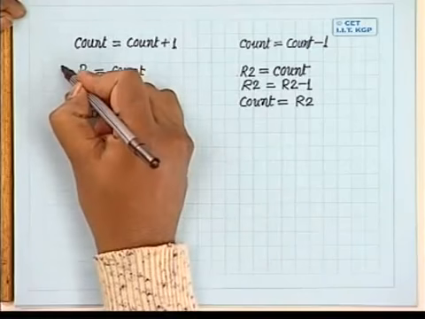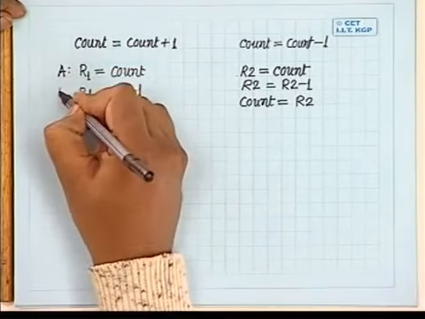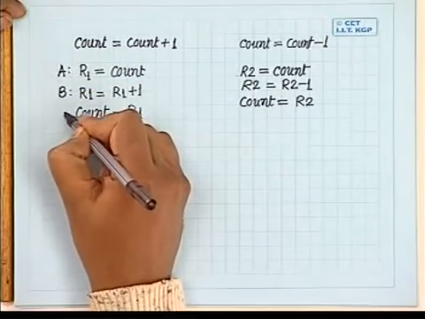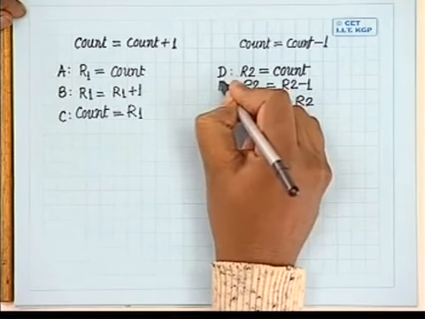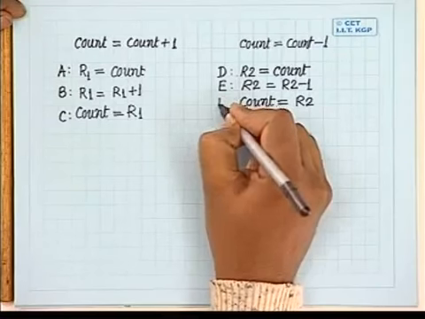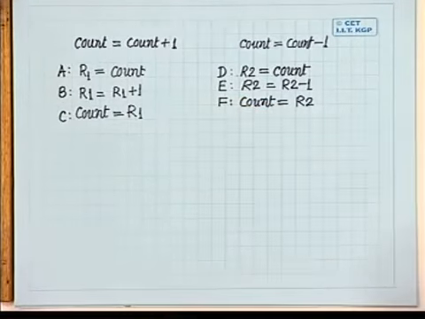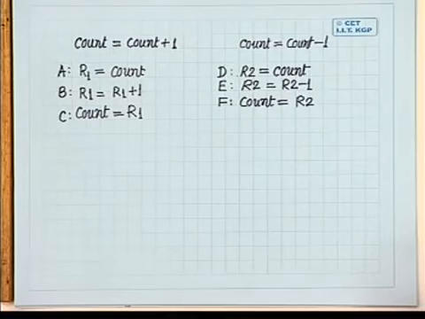Now let us assume that this is statement A, this is statement B, this is statement C, this is statement D, this is E, and this is F. Okay. Now recall that when we discussed CPU scheduling or process scheduling, what we said is that if I follow round robin scheduling or some preemptive scheduling, it is possible that you forcibly terminate one process which is being executed by the CPU and allocate the CPU to some other process for execution.